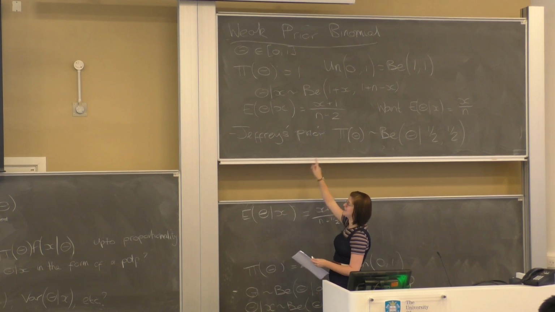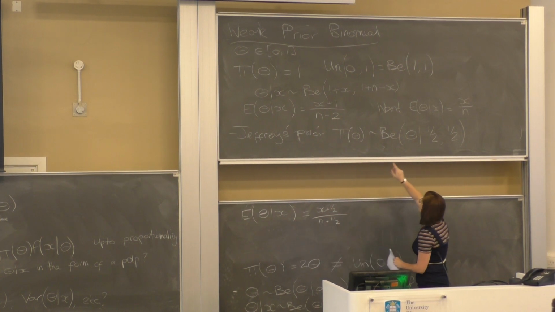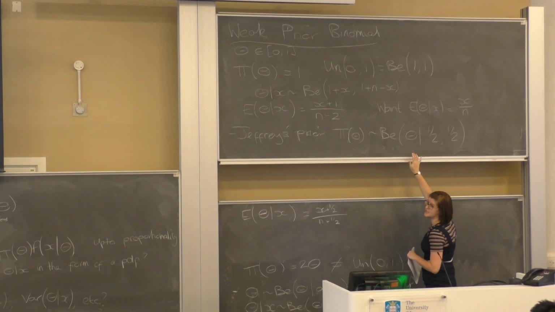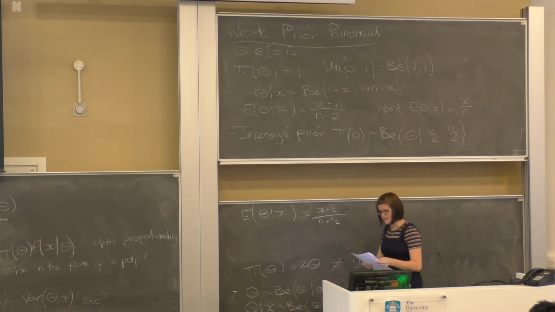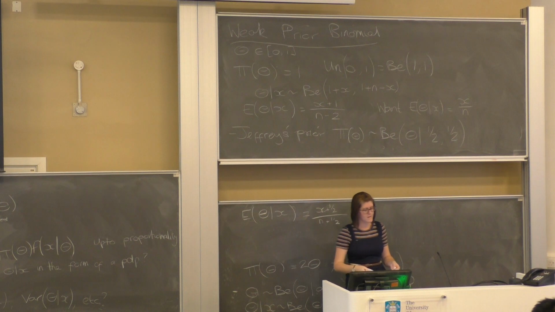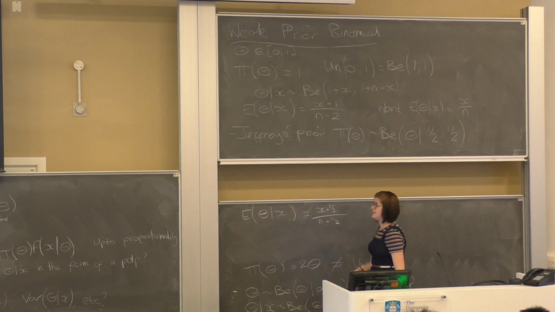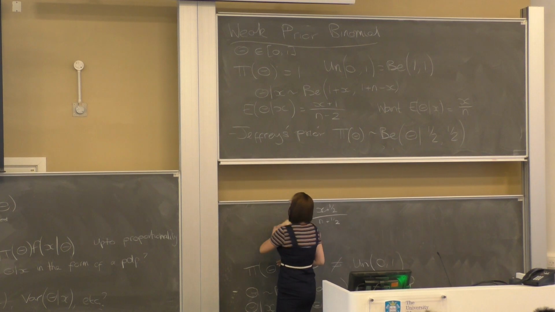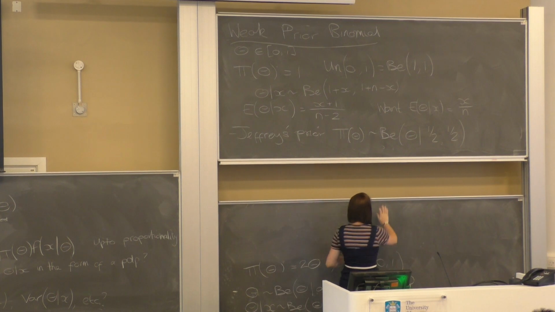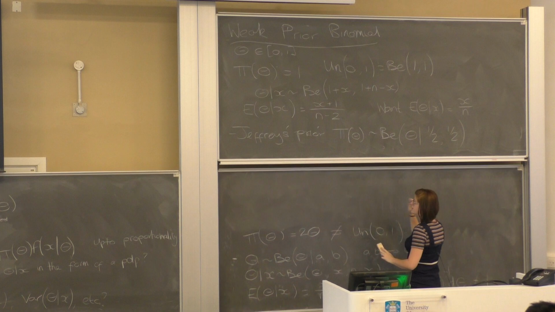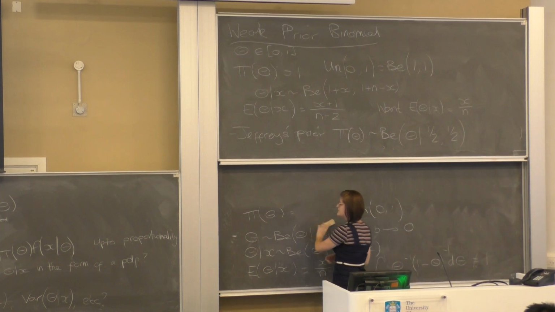This is one of your exercises to show that Jeffrey's prior is that. So you can have fun doing that. And that's everything that we will be talking about on the beta distribution. So you have that exercise in your notes with talking about Jeffrey's prior.